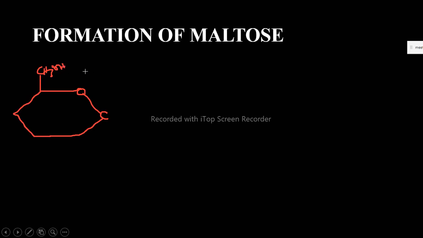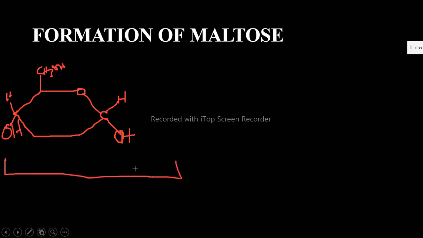So I'll indicate the OHs that are going to be useful here. So you have the H here, and you have the OH, and then the same applies. You have the OH, and you have the H here. So now this is one glucose molecule.